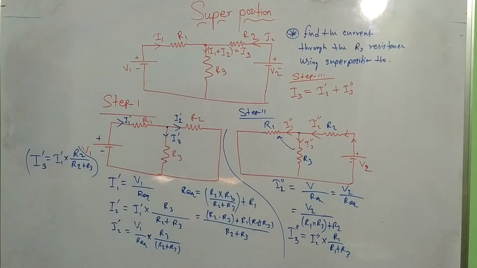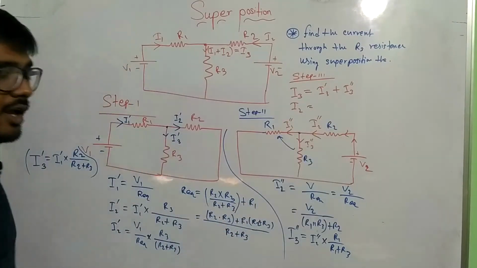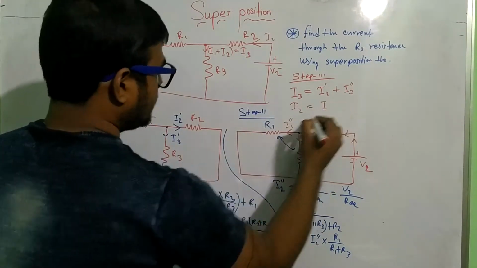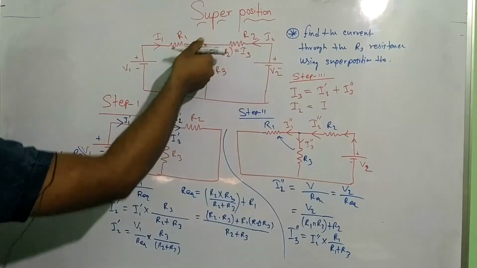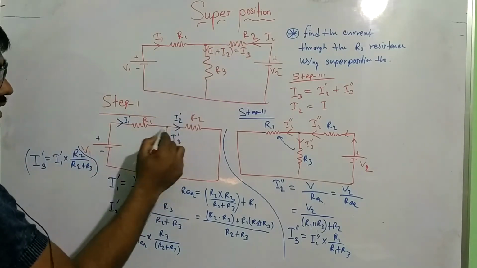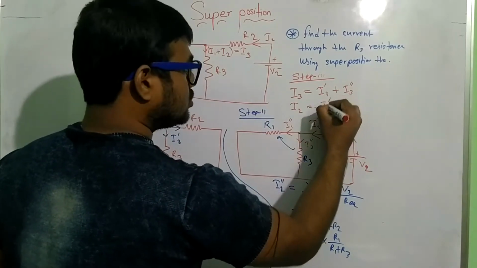If the question asked you to find the current through the R2 resistance, then what happens? What is the value of the current in R2? That is I2. When I find I2, then I2 equals minus I2 dash, because this direction in step 1 and the main circuit direction are different.